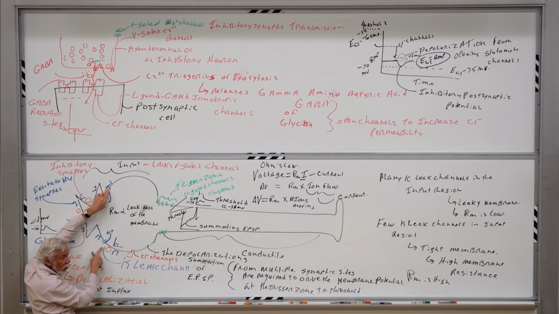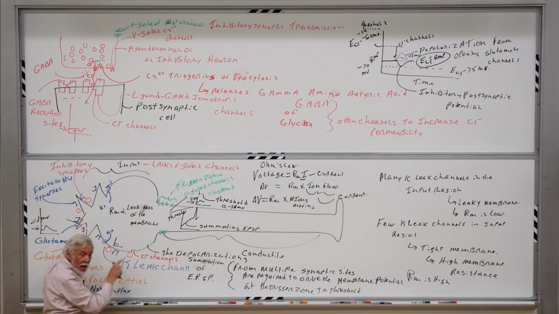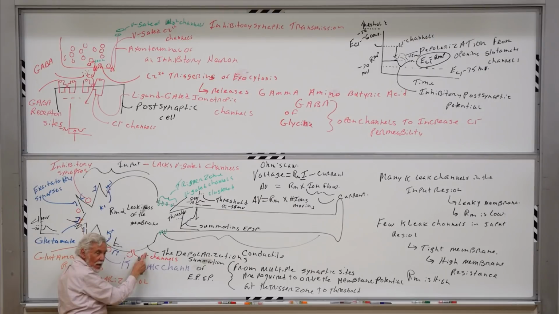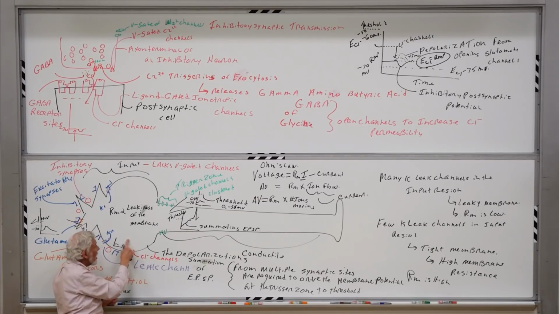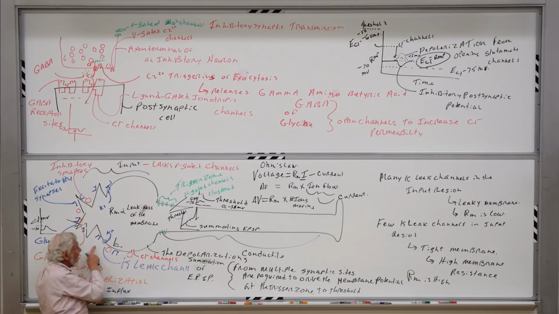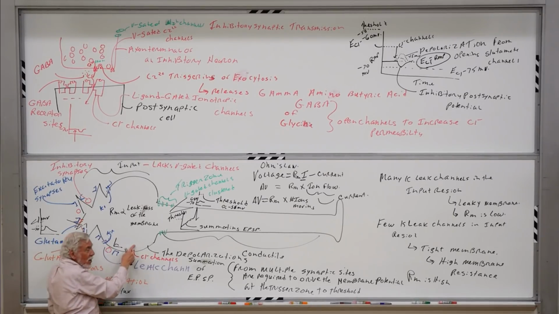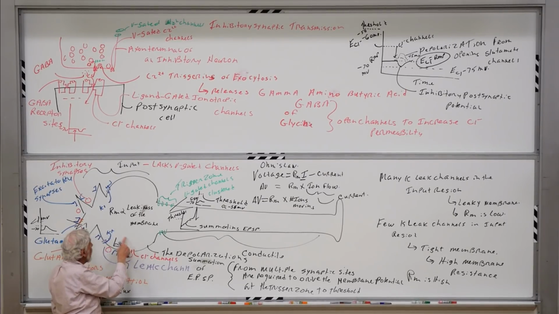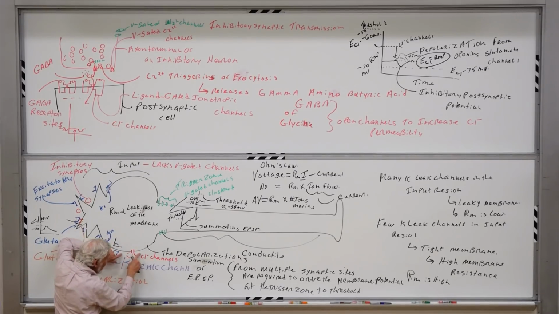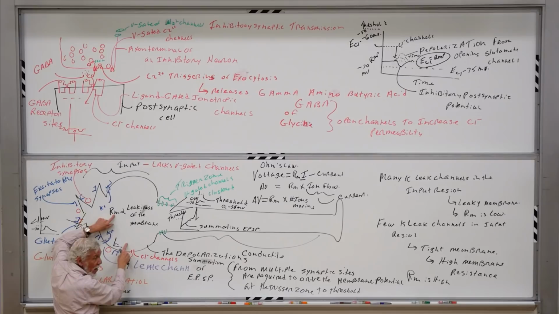We didn't have any other character to invoke. But now we have another set of channels, chloride channels. And it really doesn't matter to the cell whether you're using potassium channels to leave or chloride channels to bring chloride in. As long as you're fixing the membrane potential, it doesn't much matter.